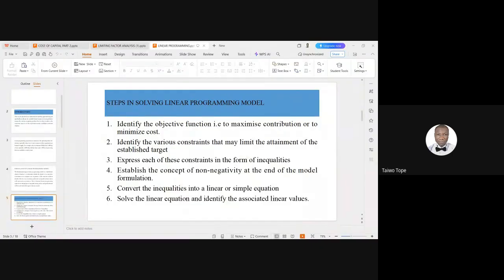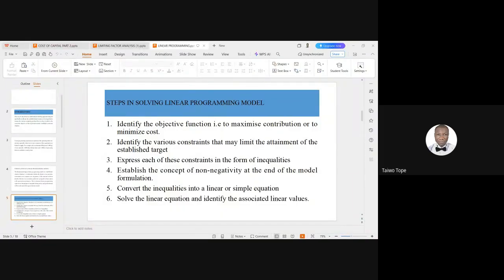You cannot have anything below 0. That is the concept of non-negativity.